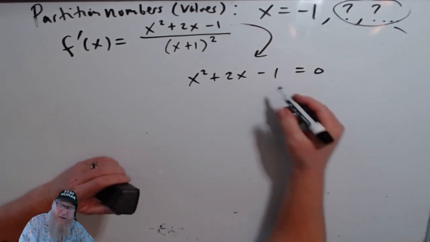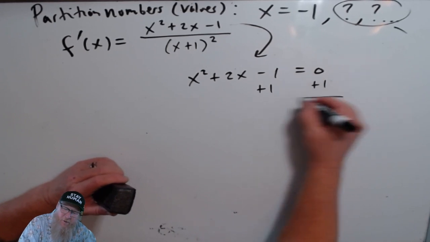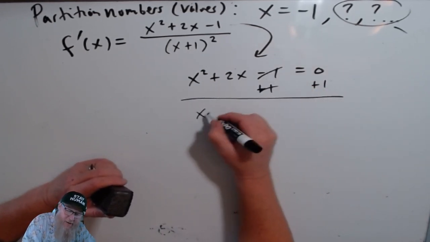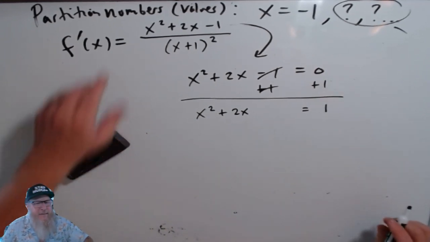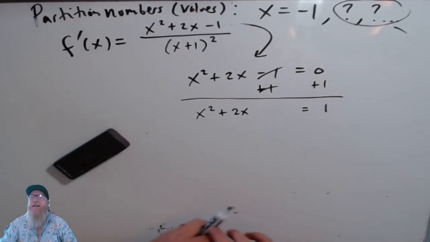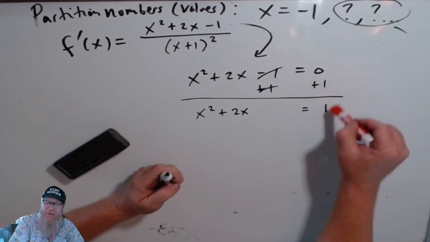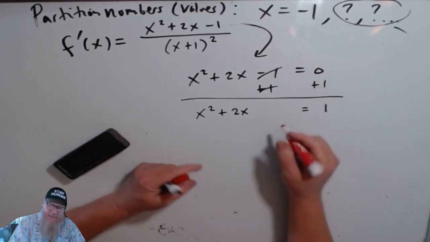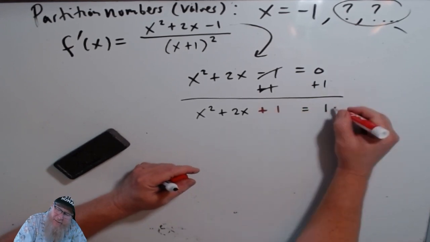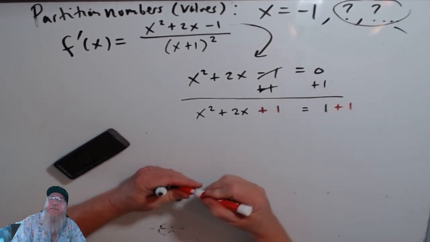You can use the quadratic formula, or you can do something I teach in my college algebra class called completing the square. That's where you move the -1 to the other side. You make it +1. Then you add +1 to both sides.